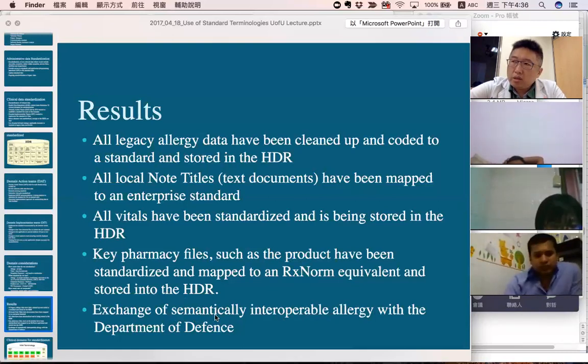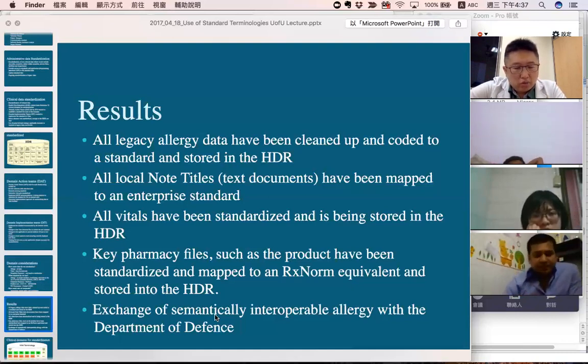In Taiwan, we have the PharmaCloud. When every patient goes to the hospital, all the doctors can view their drug use from other hospitals.